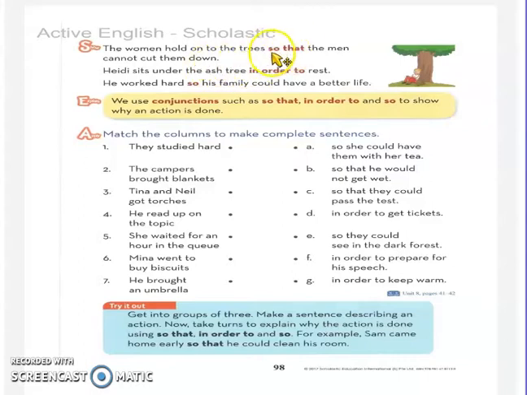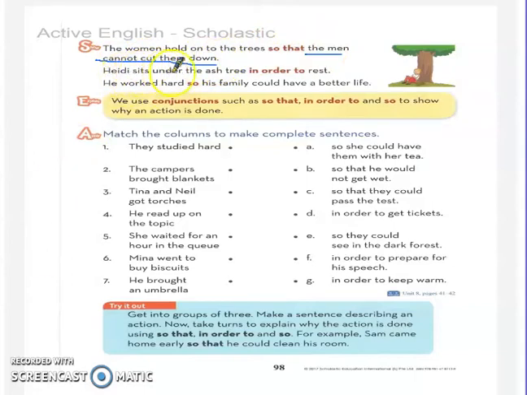Okay, here we use so that to show the reason for the action. So, after so that, here we have the reason.